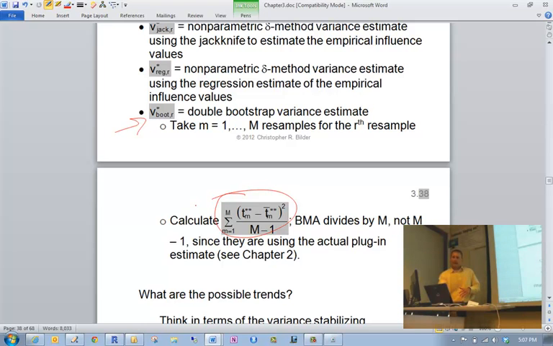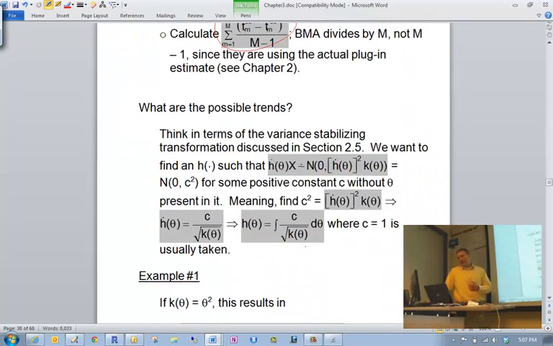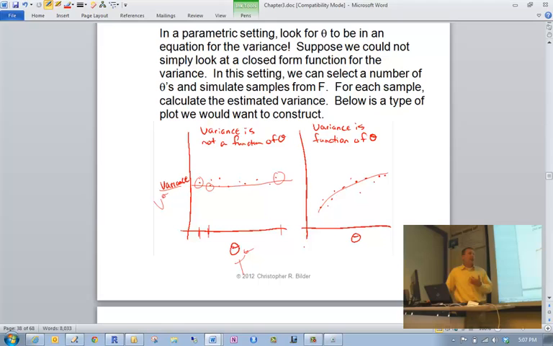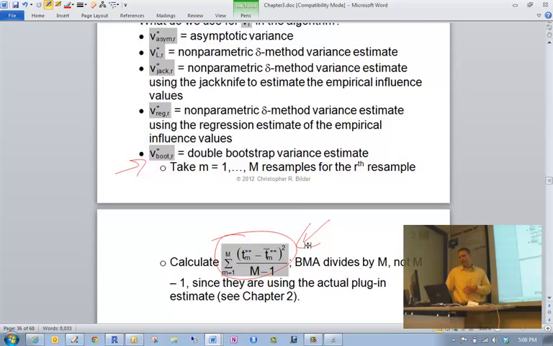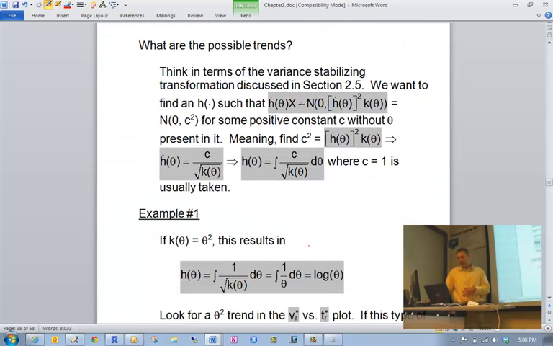So this again is where then the double bootstrap comes in. So, as I said here, we want to look at possible trends. But what trends in this plot then suggest what kind of transformation we work with for T? So, going back to section 2.5.